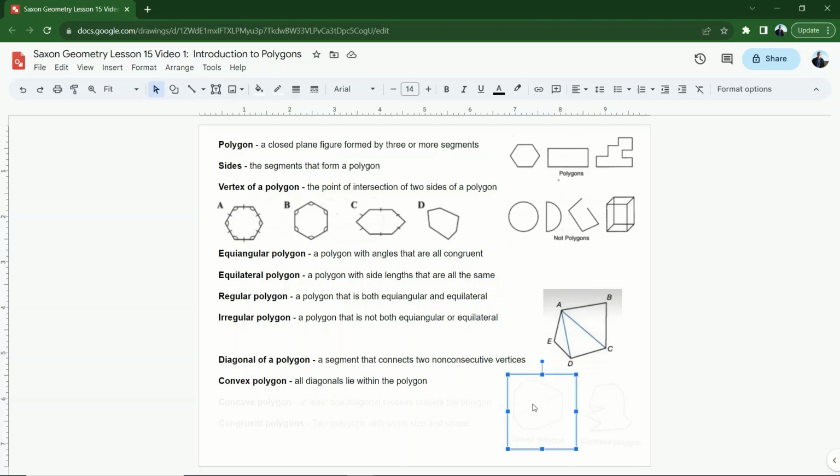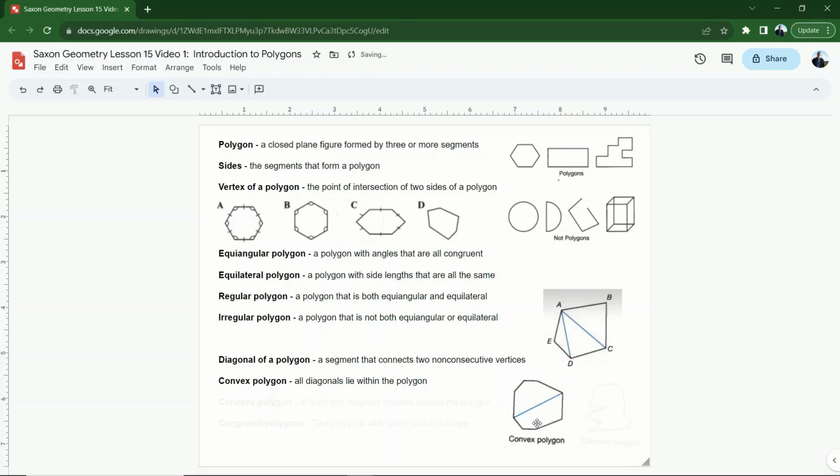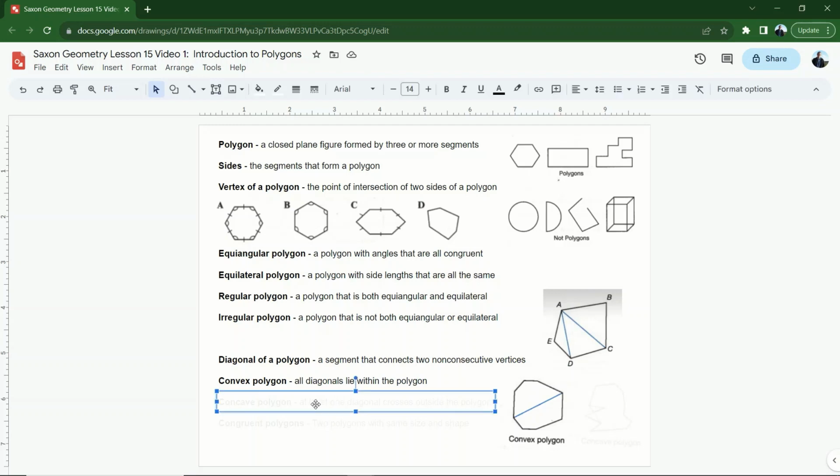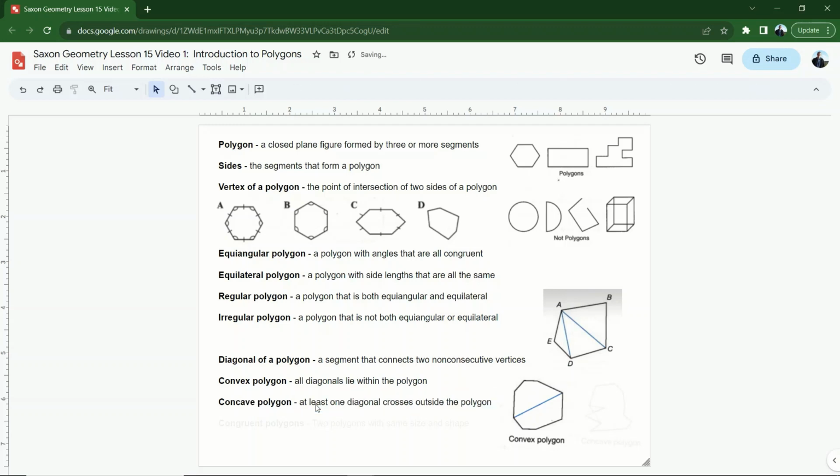That would be like this polygon. No matter what, if I draw diagonals, none of the diagonals are going to stray to the outside of the polygon. A concave polygon is one that does have at least one diagonal that crosses outside the polygon.